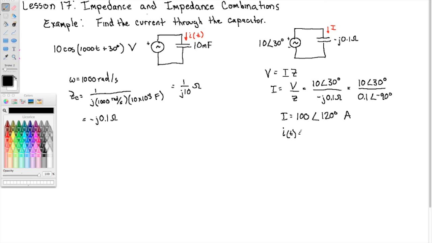I of t is 100 cosine, because we started with a cosine. The frequency does not change, and the phase was 120 degrees. Amps. This is the current. Neat, huh?